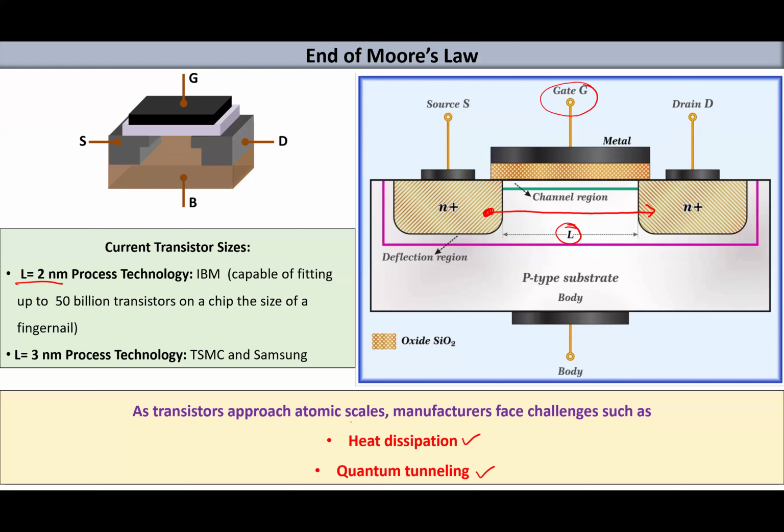Heat dissipation occurs because you are packing a huge number of transistors in a small space, and these transistors are nothing but conducting electricity, so heat is produced. Heat dissipation is one issue, but the biggest issue is of course quantum tunneling.